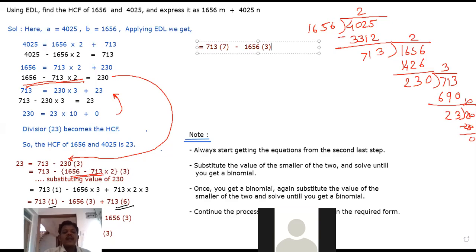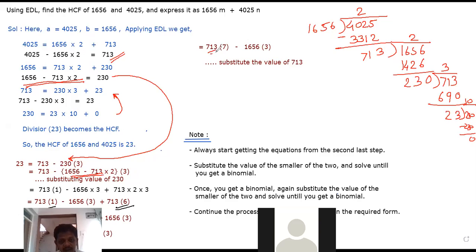Now what to do after getting a binomial? Once you get the binomial, substitute. Now substituting the value of whom? Who is smaller? 713. And what is the value of 713? Here you have got the value of 713: 713 is nothing but 4025 minus 1656 into 2.